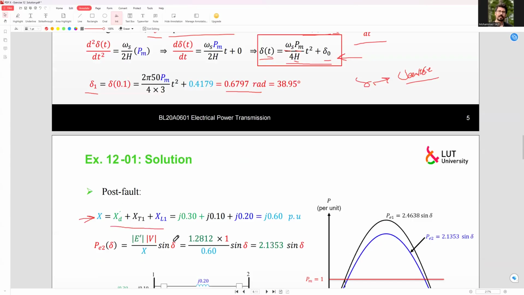So we now have the summation of those three: the generator, the transformer, and the line. Then our equivalent Thevenin reactance would be j0.60 per unit. So by having the new X, we again form the electric power equation, because after the fault clearance, we again have steady state condition, right?